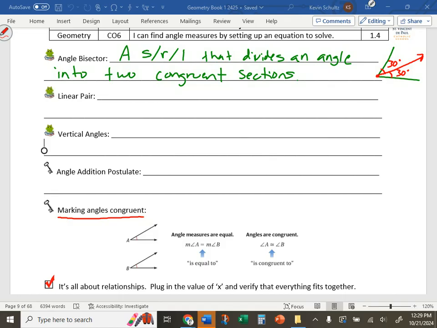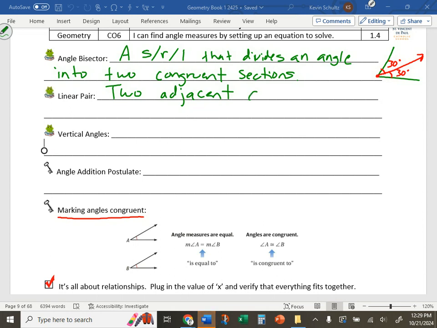A linear pair. What does the word linear mean? Line. What does the word pair mean? Two. So a linear pair, two angles, and I'm going to add the word adjacent here. Do we know what the word adjacent means? Next to each other, so they share a side.